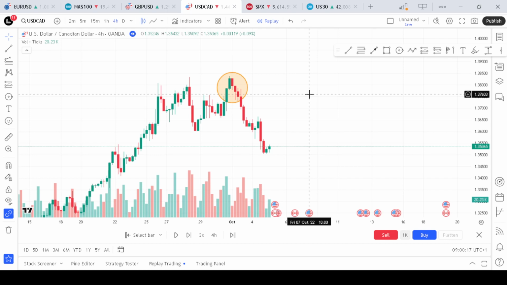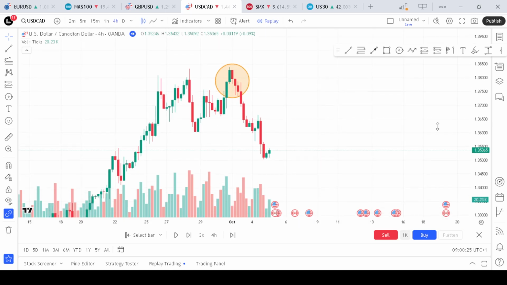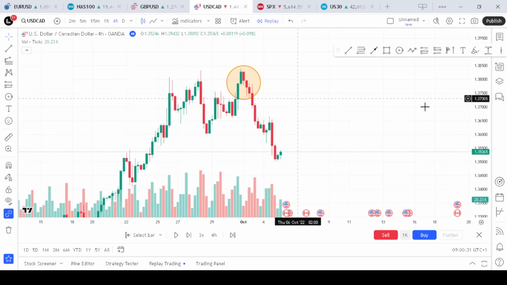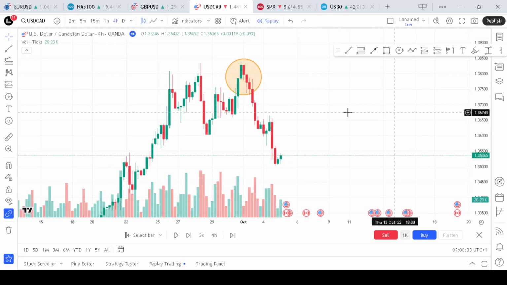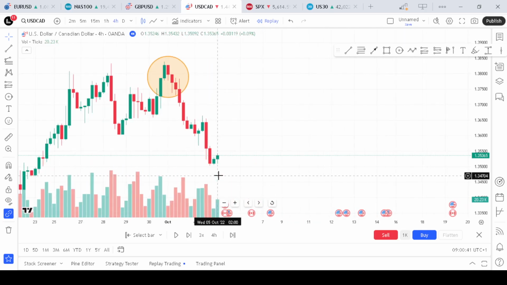Now the second crucial mistake is trading this pattern in isolation. You need additional confirmation from volume and market structure before you take this pattern. We have to look for increasing trading volume on the bearish candle to validate our reversal.